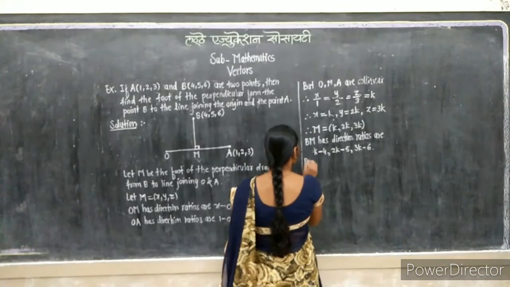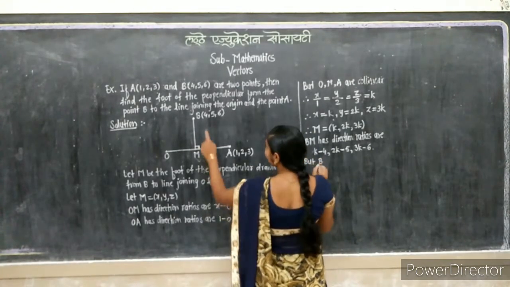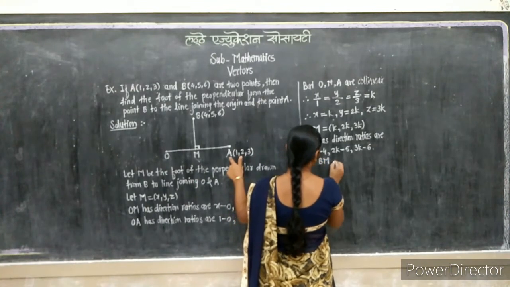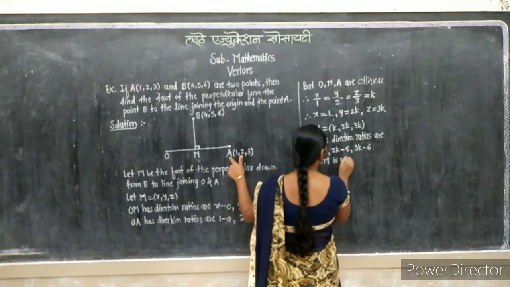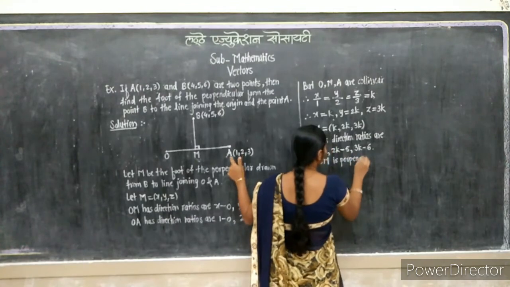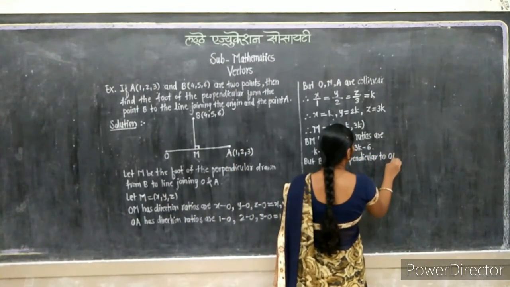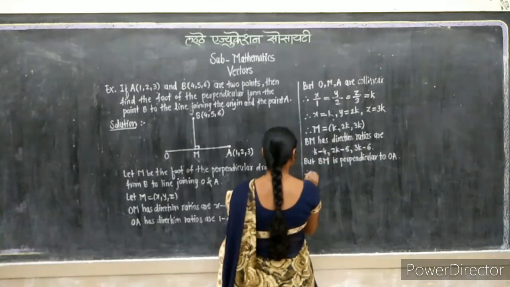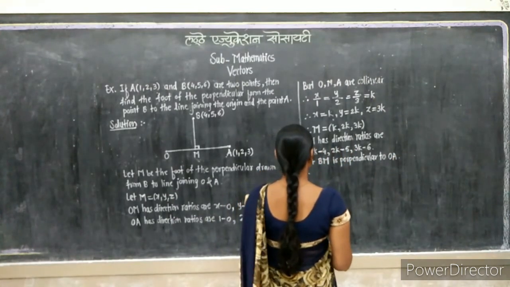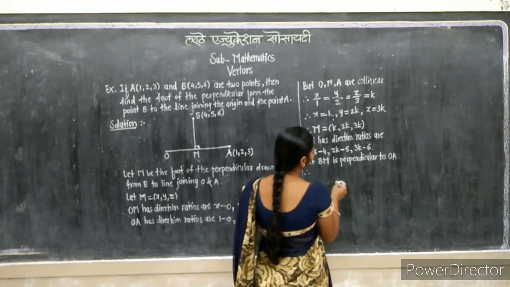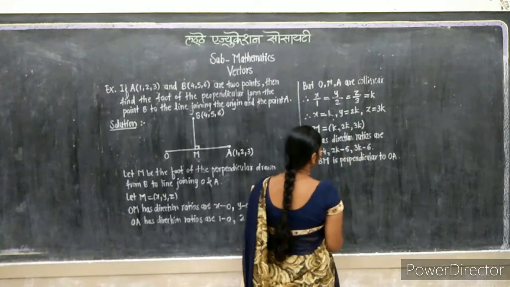But BM is perpendicular to OA. Therefore, a1 b1 plus a2 b2 plus a3 b3 is equal to 0.